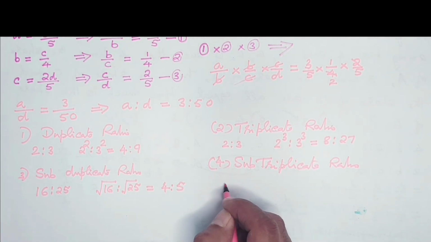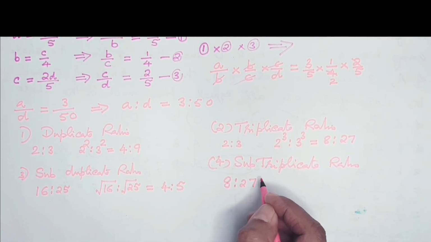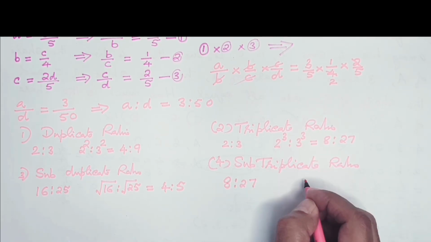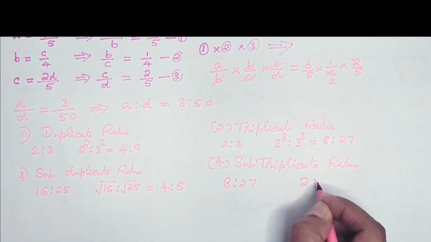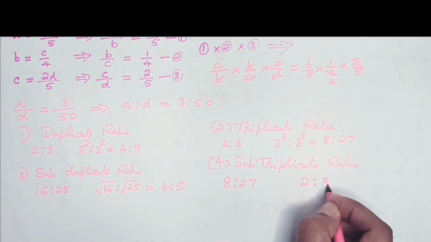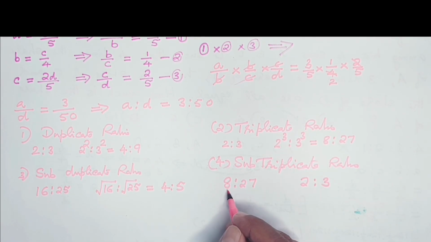Now let me write another ratio here, say 8 is to 27. To get the sub-triplicate ratio, take the cube root of 8, which is 2, and the cube root of 27, which is 3. So 2 is to 3 is the sub-triplicate ratio of 8 is to 27.